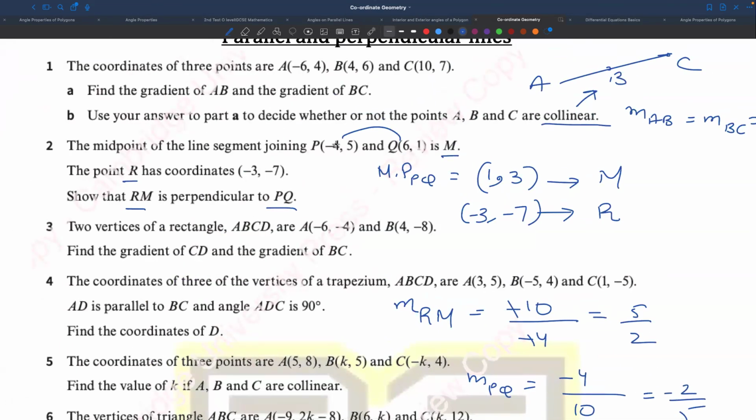See, how does the midpoint come: x1 plus x2 divided by 2, y1 plus y2 divided by 2. So this is the coordinate of M. Our coordinates were already given.